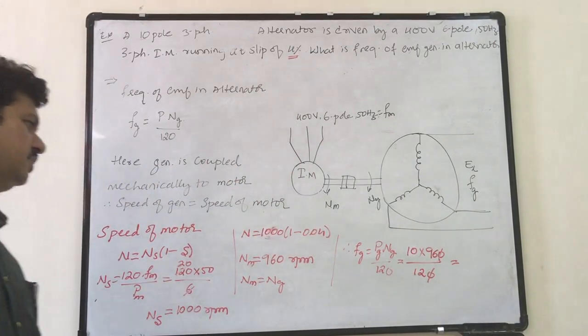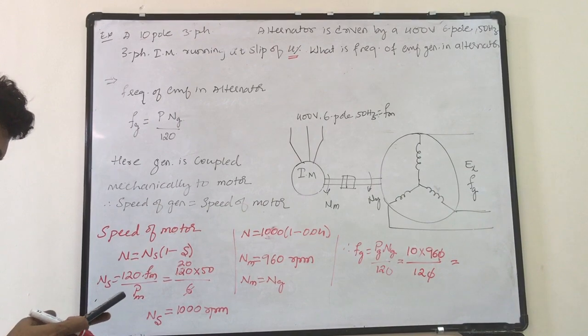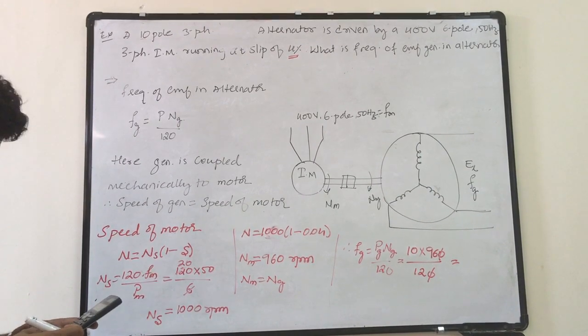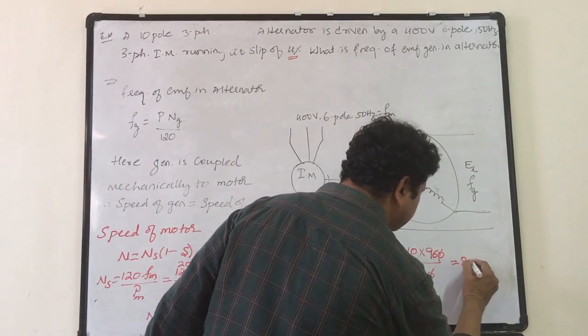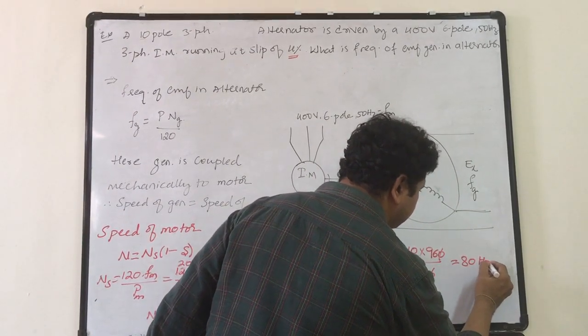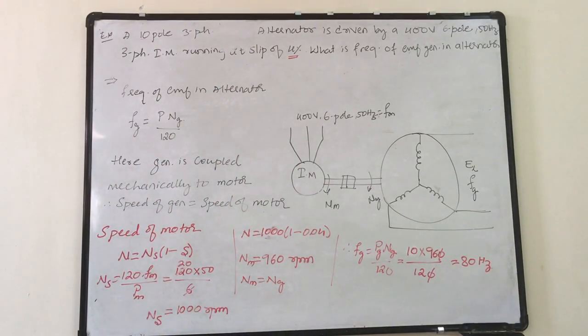So this is equal to 80 hertz. So the frequency of generated EMF in alternator is 80 hertz.